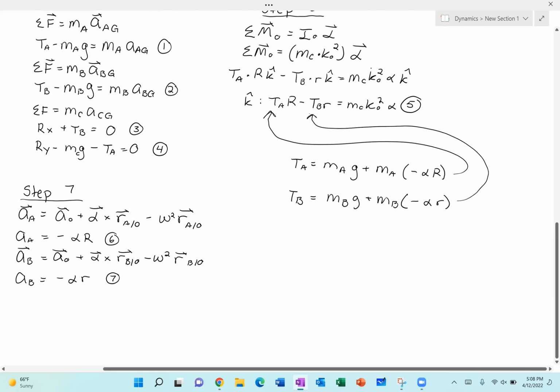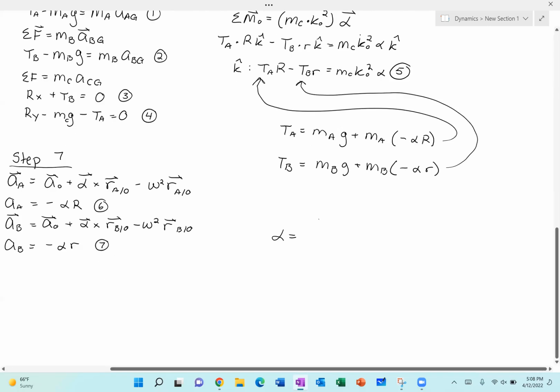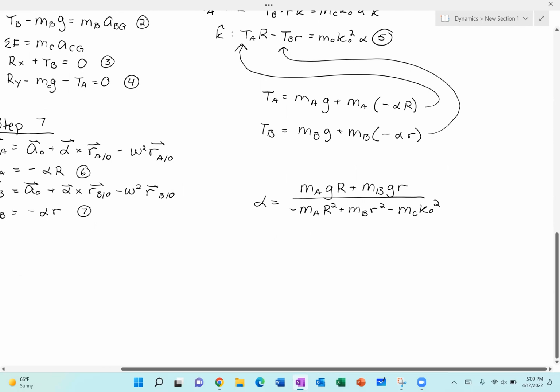And from there, that'll simplify to, with a whole lot of simple algebra that we're not going to take the time to go through, we could get our angular acceleration. And then plugging in our values, that should give us a quantifiable number for the angular acceleration.